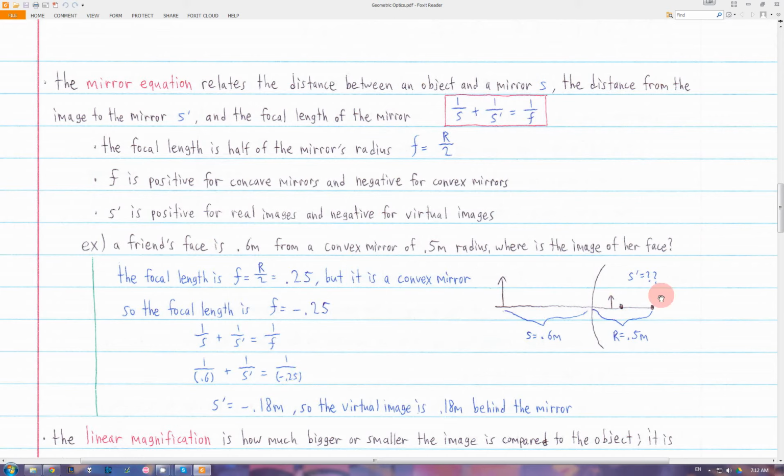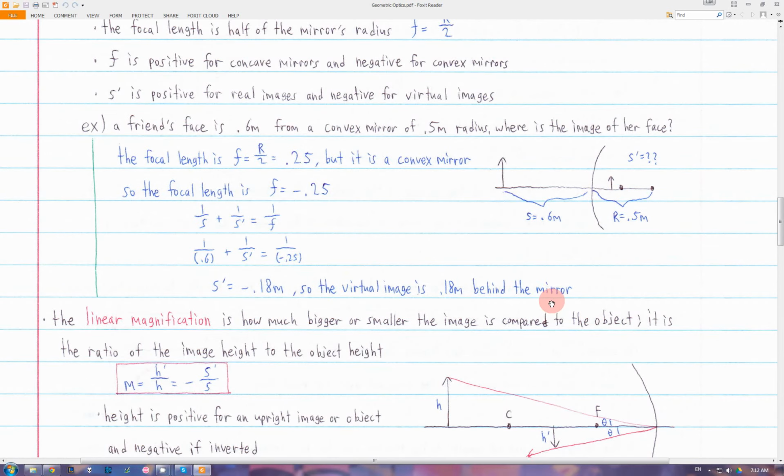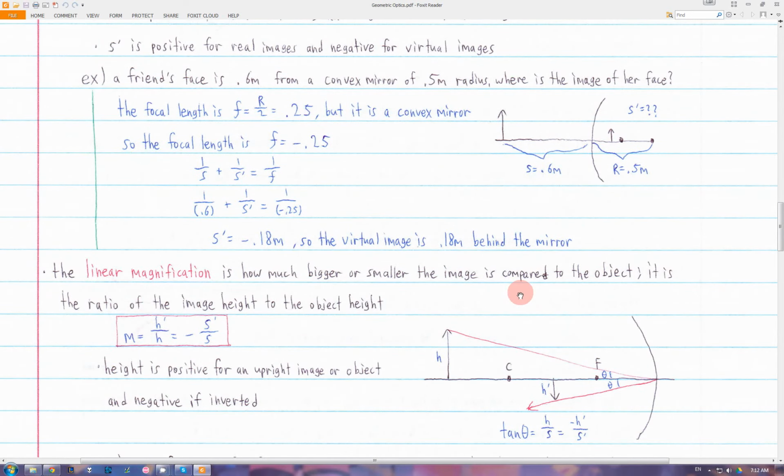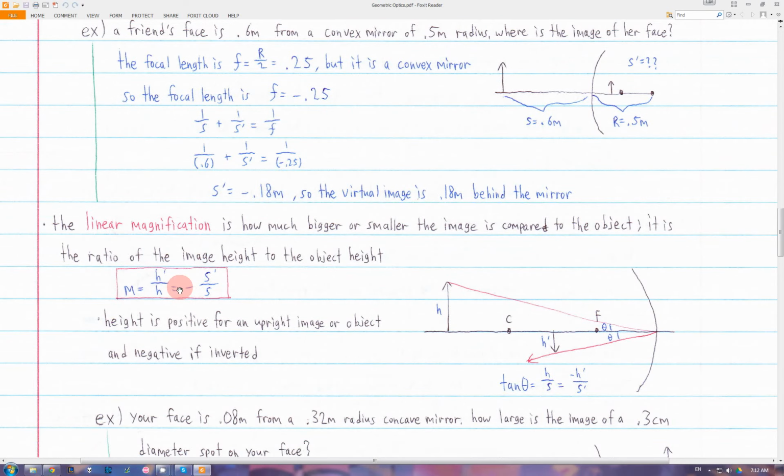Now, another thing we want to look at is how big the image is compared to the original object. That's given by the linear or lateral magnification. The linear magnification is the ratio of the image height, h prime, to the actual height of the object, h.